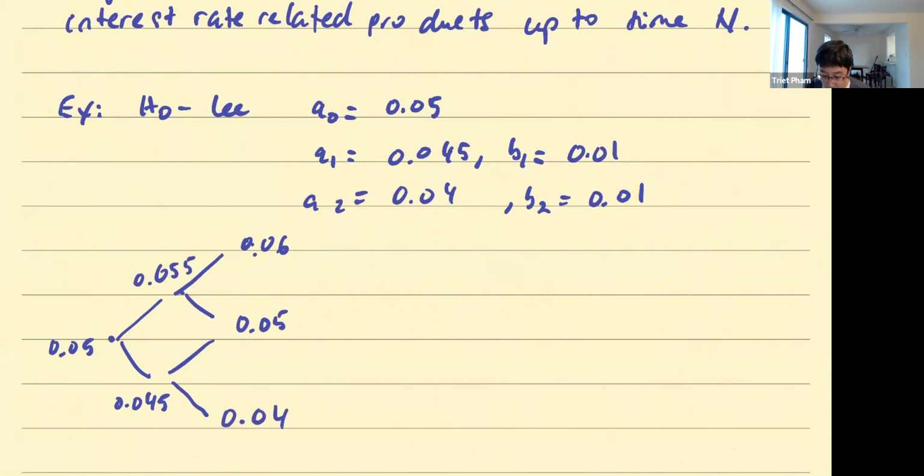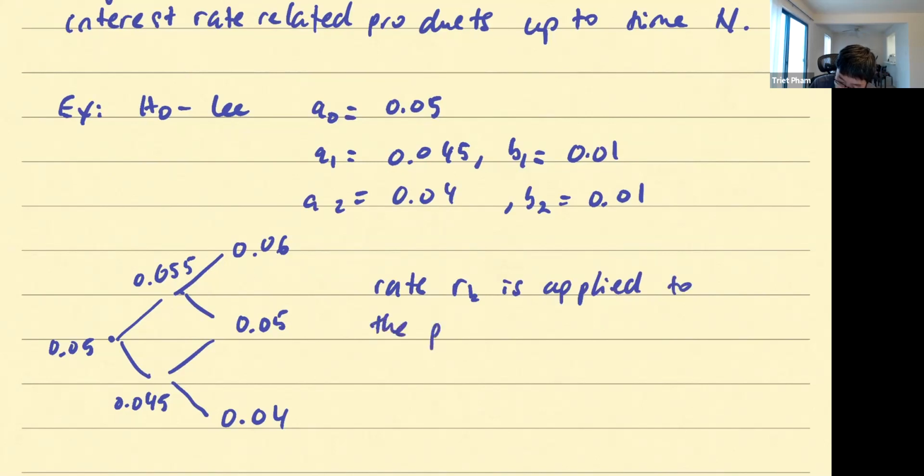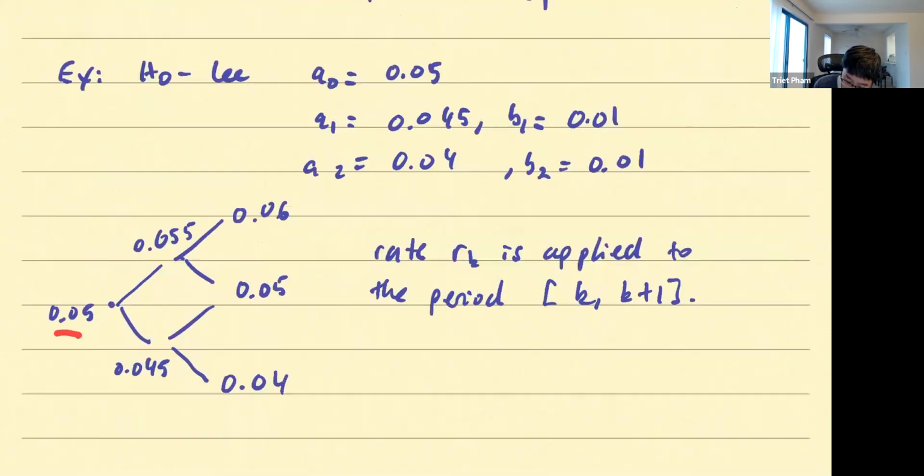But because the way that it works is the rate R_k is applied to the period k to k plus 1, this rate is going to be the available rate for 0 to 1. If you go up here, then it's going to be the rate available from 1 to 2.